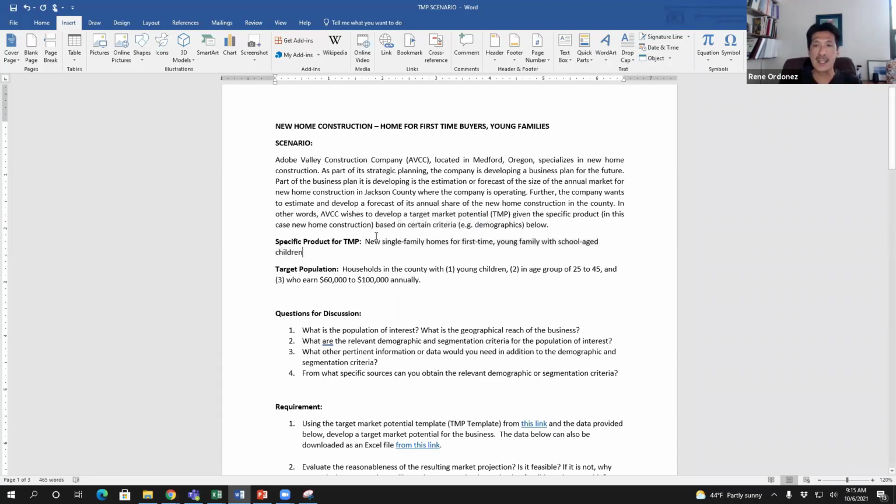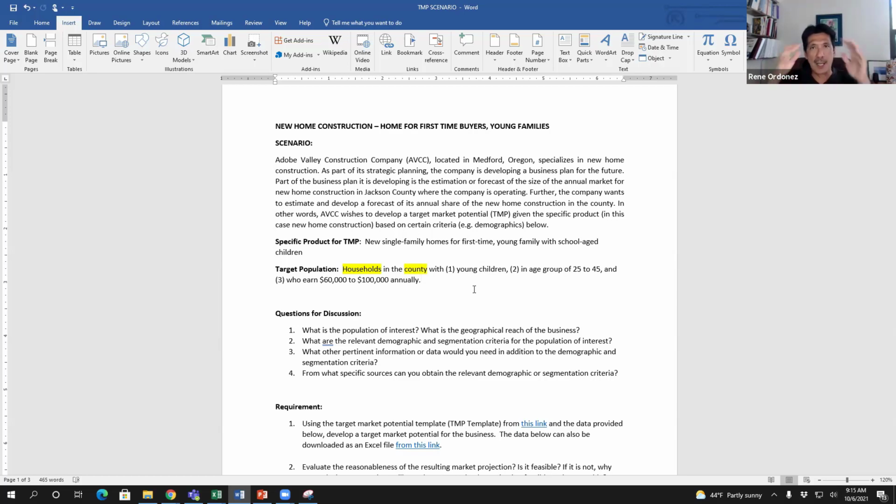So generally speaking, this is what AVCC is considering. So here's their target population. We're talking about households, all right? Because this is a construction business, we want to talk about the number of households that will be considered as your customer base. And in fact, we're limiting the market area within the county, because maybe constructing in Roseburg or beyond Jackson County may not be financially feasible.